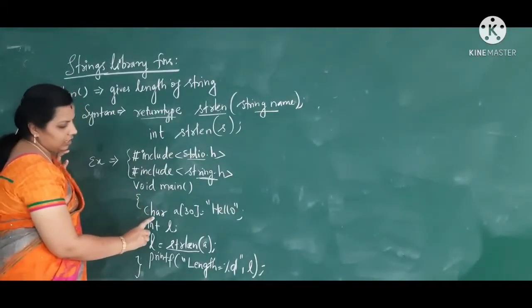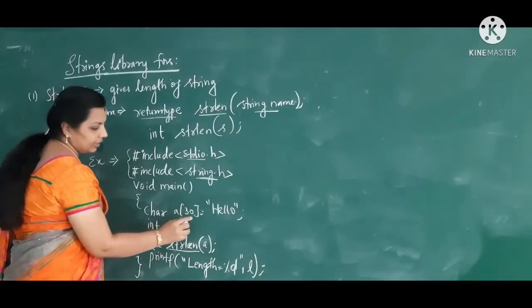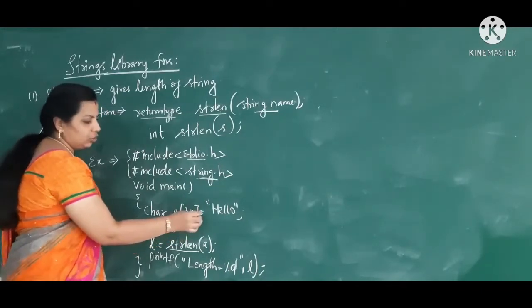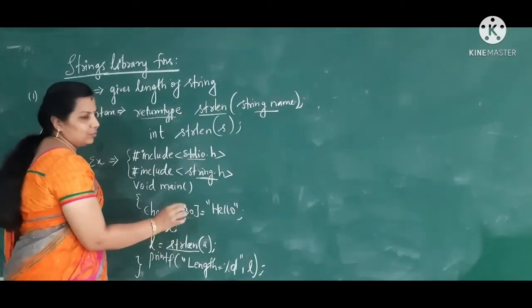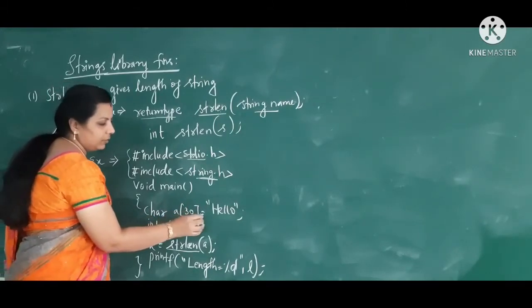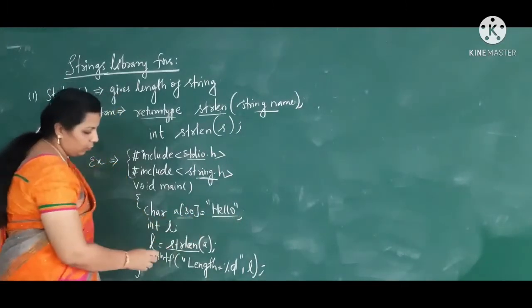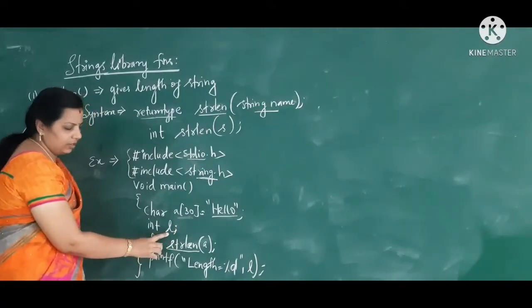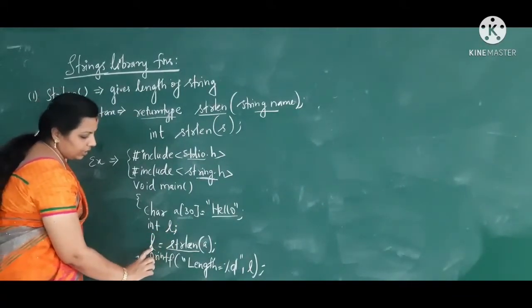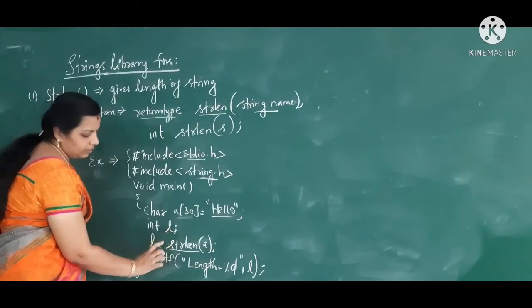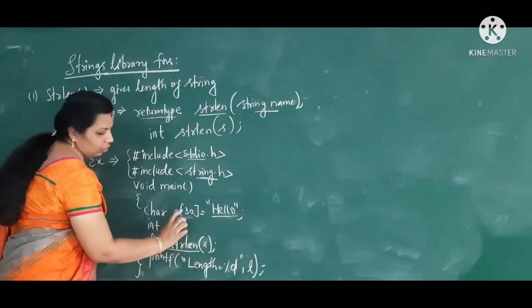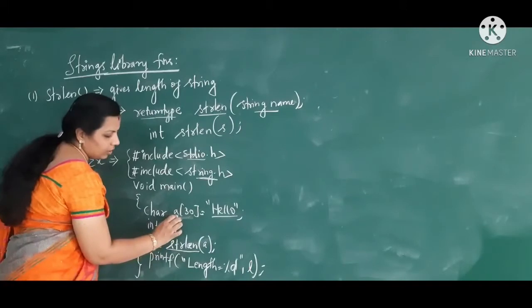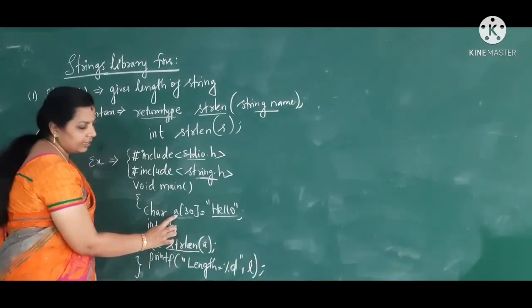Inside the main function I am specifying the character array a[30], with the size 30, and I am initializing it as hello. Then int l, I am declaring another variable l. I want to find out the length of this string, so l is equated to it.